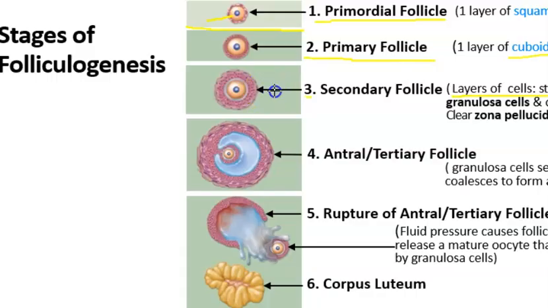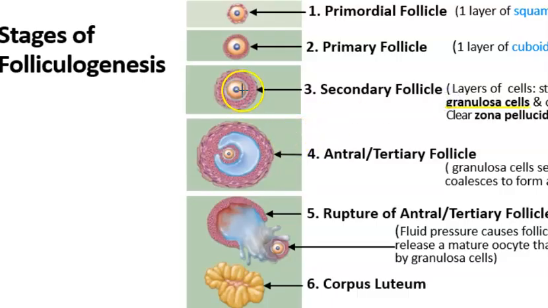and we could call this a secondary follicle just because it has more than one layer of cells surrounding the oocyte. But in addition, those layers of cells differentiate amongst themselves. The outer cells become what are called the thecal cells, and the innermost cells become granulosa cells.